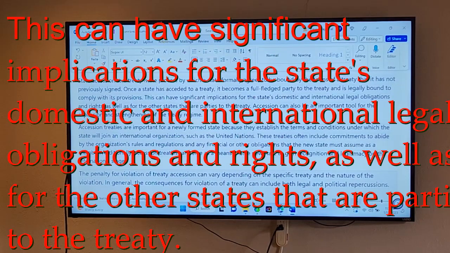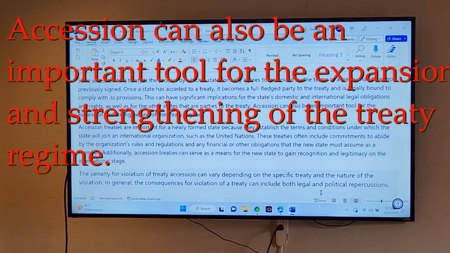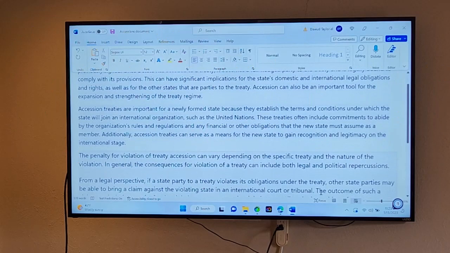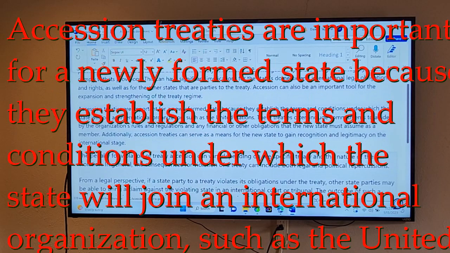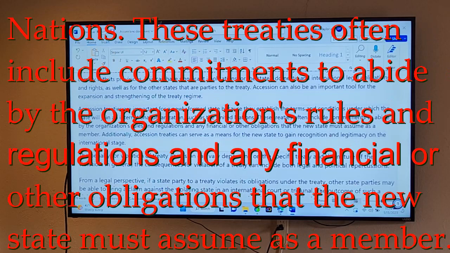This can have significant implications for the state's domestic and international legal obligations and rights, as well as for the other states that are parties to the treaty. Accession can also be an important tool for the expansion and strengthening of the treaty regime. Accession treaties are important for a newly formed state because they establish the terms and conditions under which the state will join an international organization such as the United Nations.